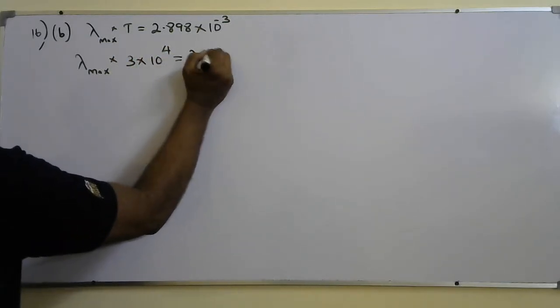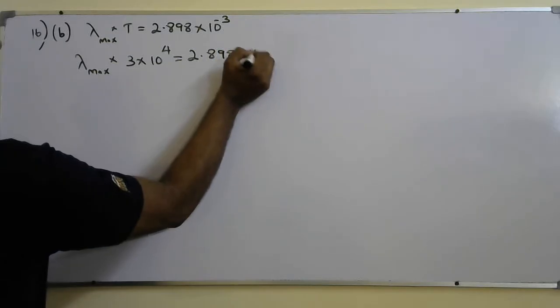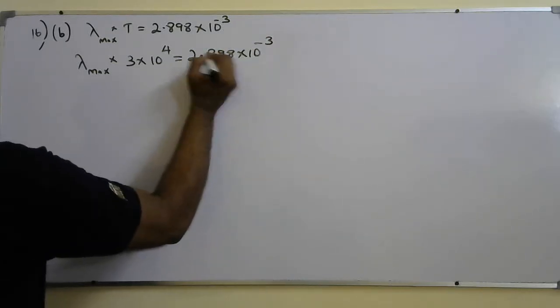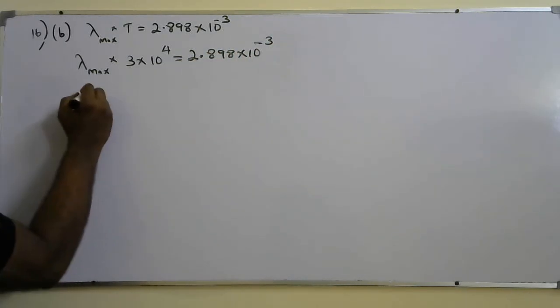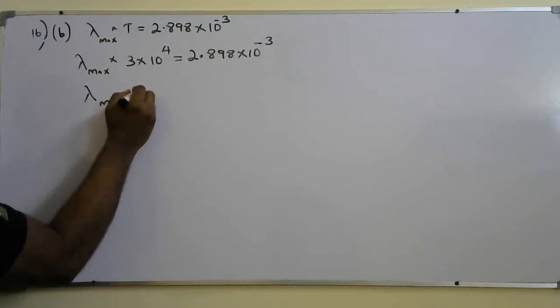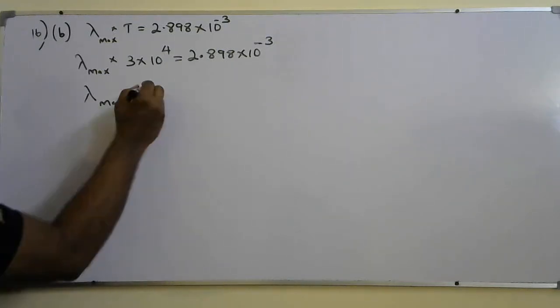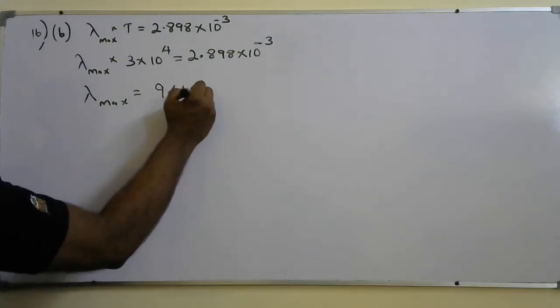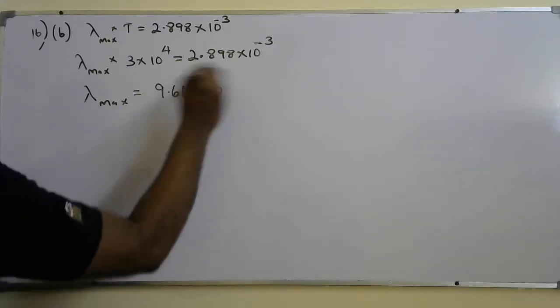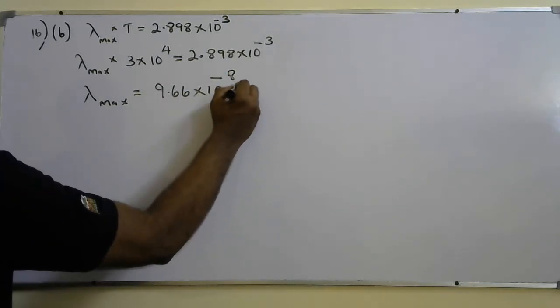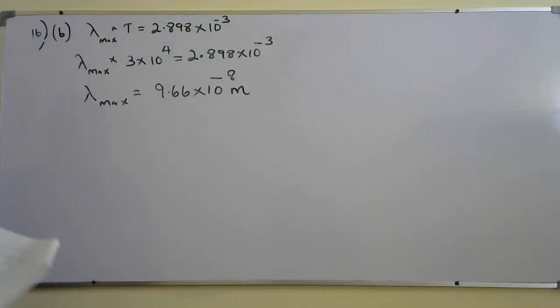So find the lambda max, that's all. That will be equal to 9.66 times 10 to the power minus 8 meters.